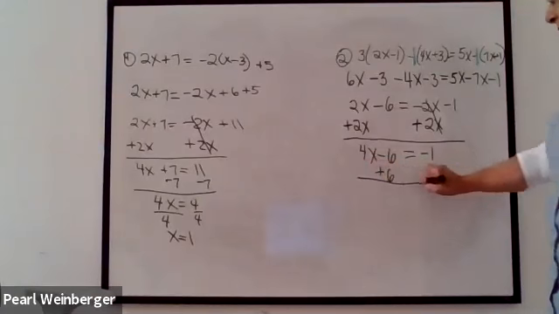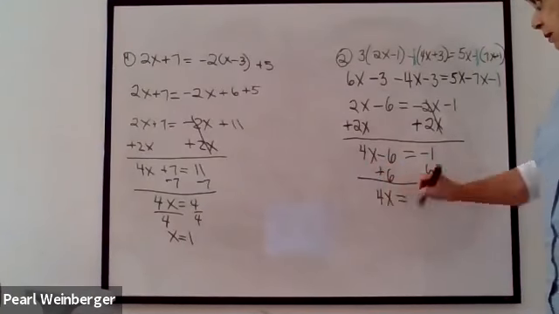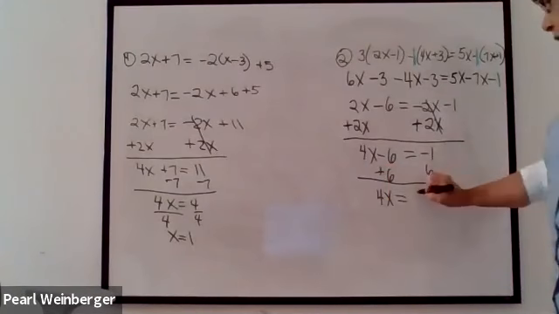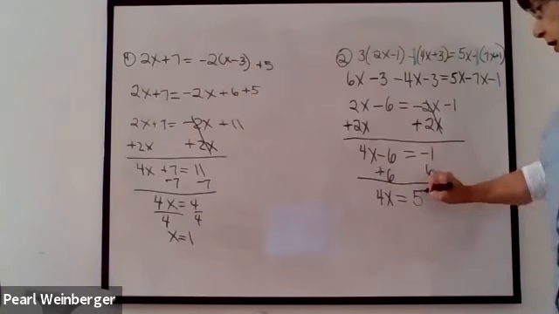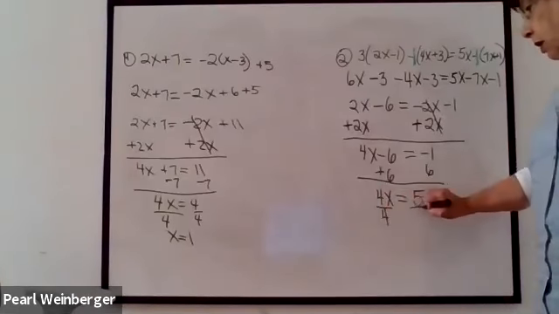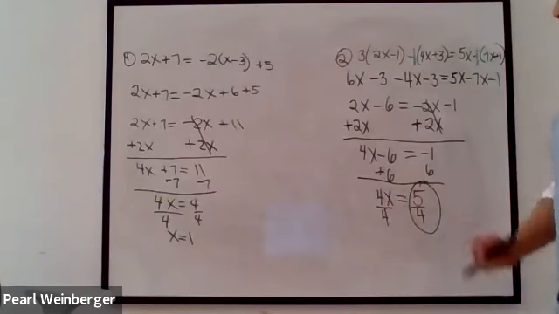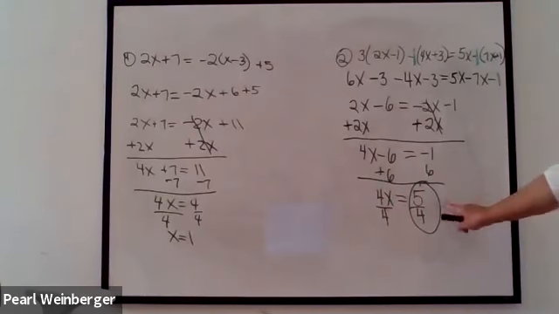I'm getting rid of that -6, which gives me 4x equals -1 plus 6, which is 5. And my final step is to divide everything by 4, so that my final answer comes out to be x equals 5/4.